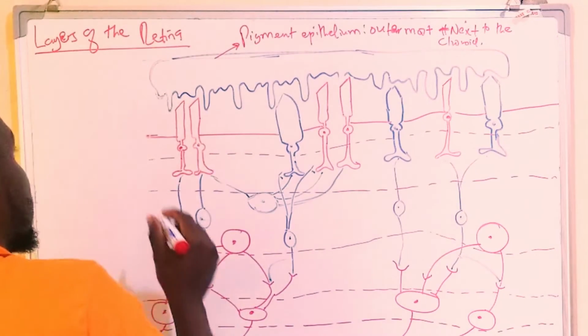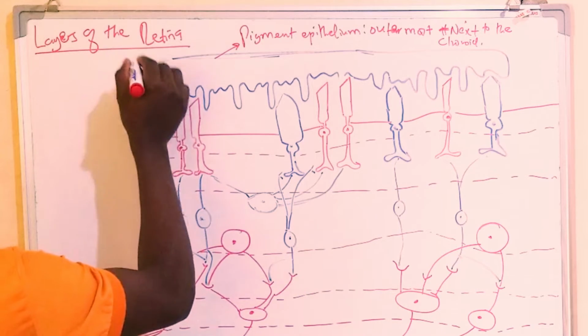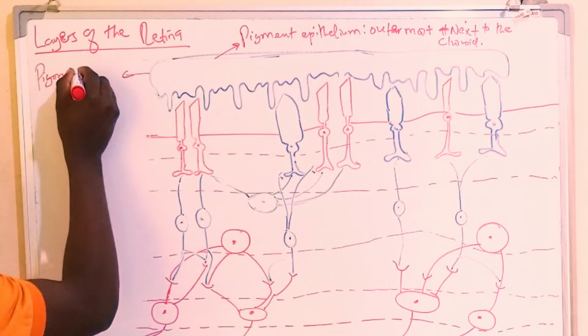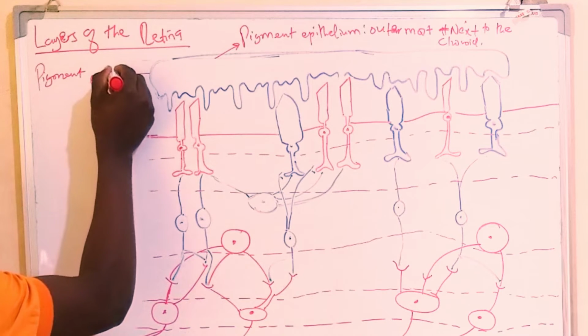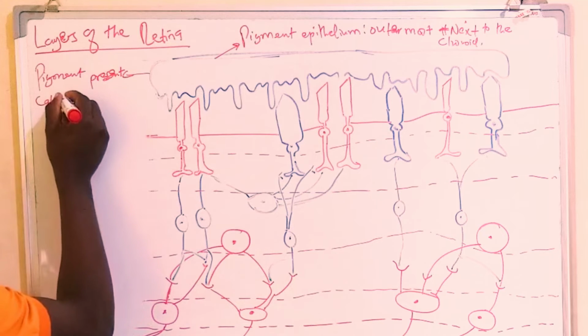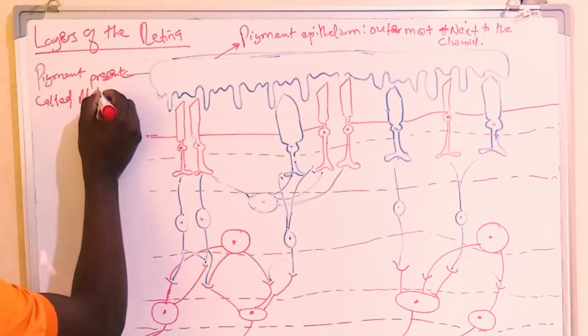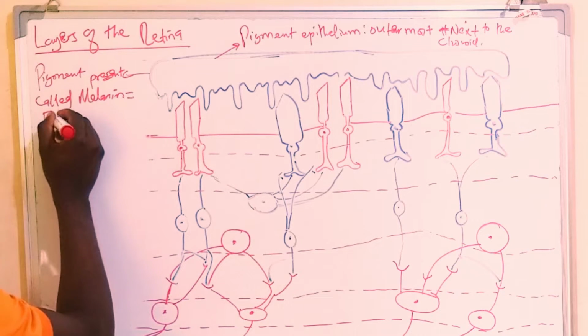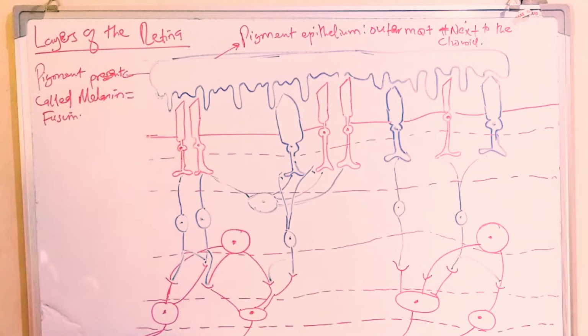It has a pigment present called melanin. Now this type of melanin is known as fuscin. That's the name of the pigment that I want you to find here.